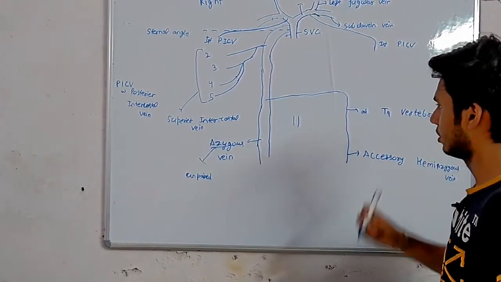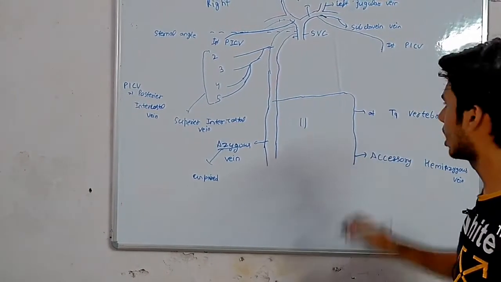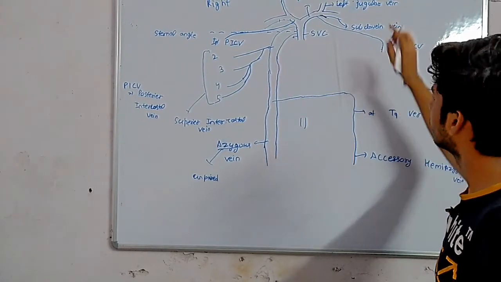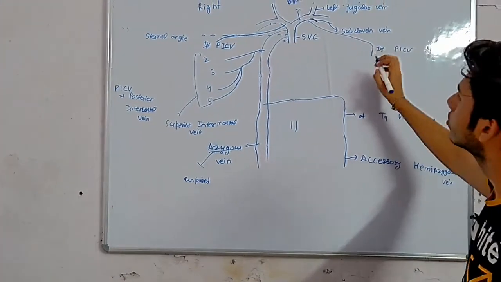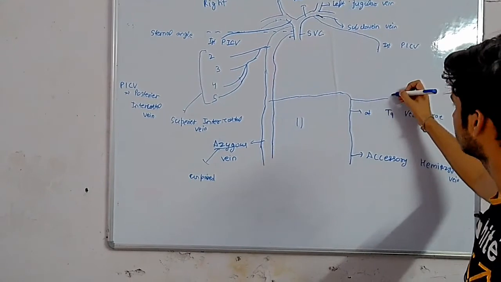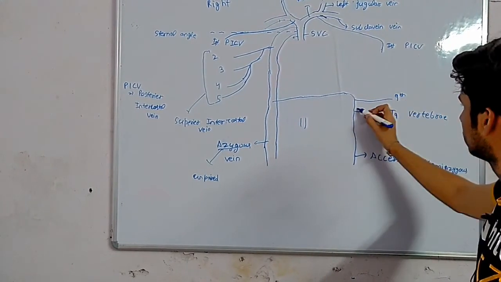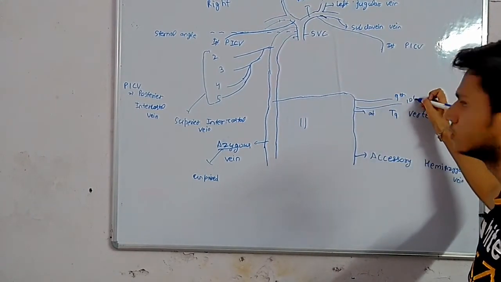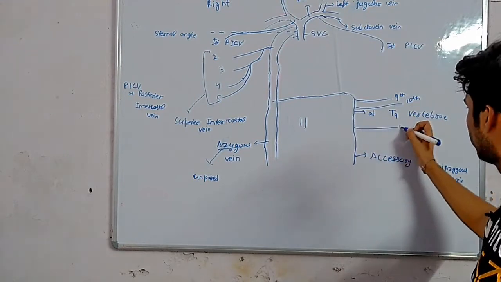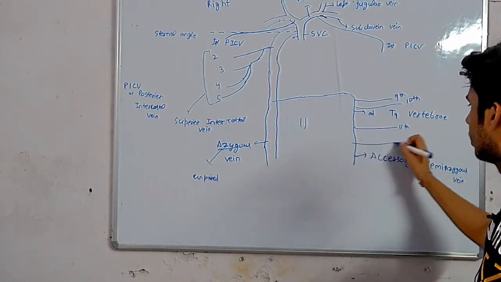Then it gives the posterior intercostal veins: ninth, 10th, 11th and 12th.